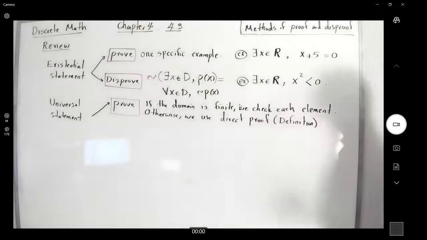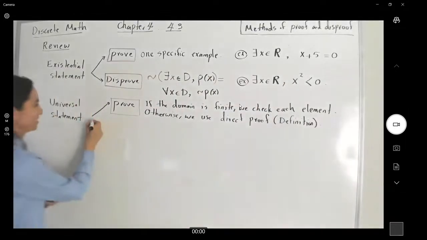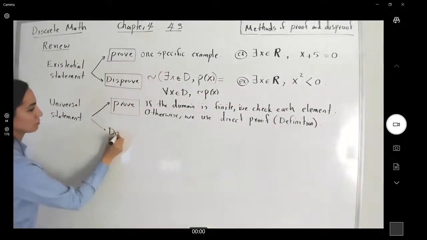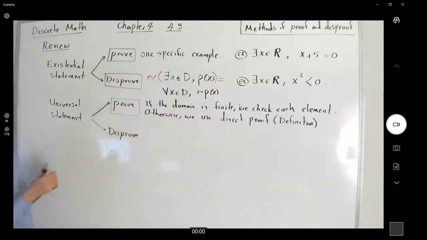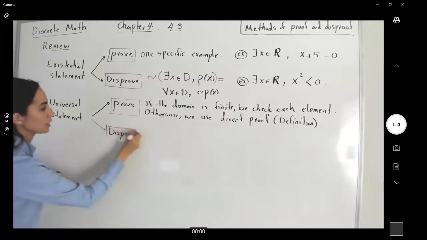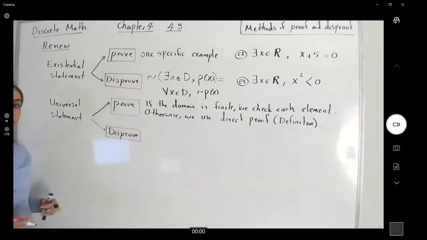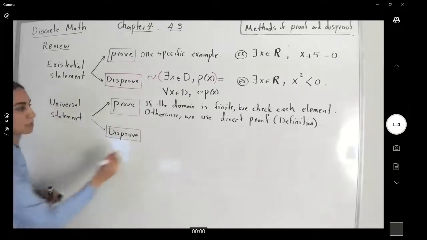What if we want to disprove a universal statement? To disprove a universal statement, it is equivalent to negating a universal statement.